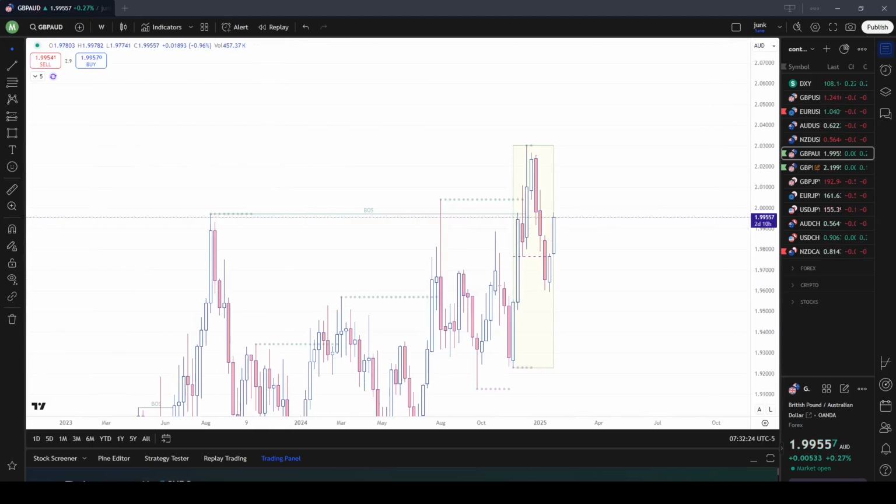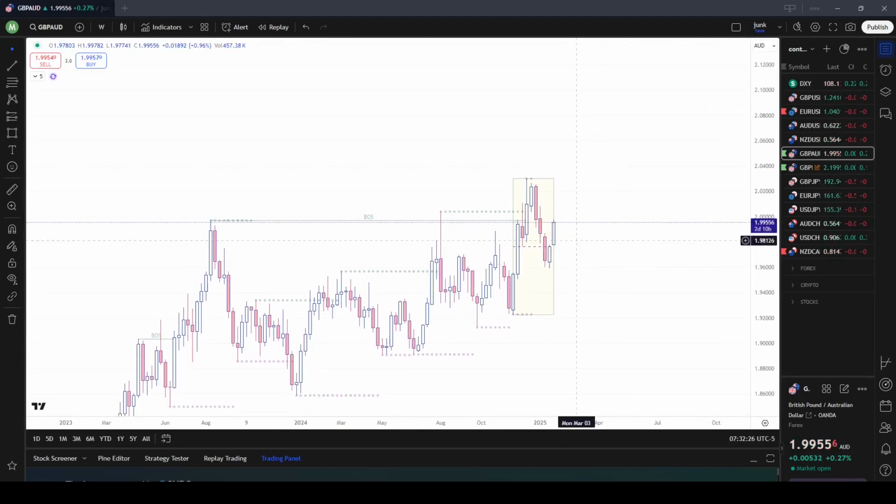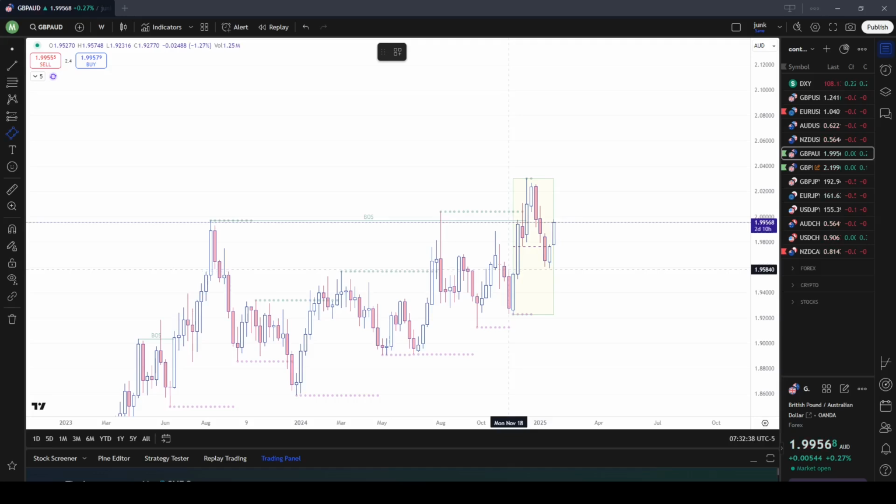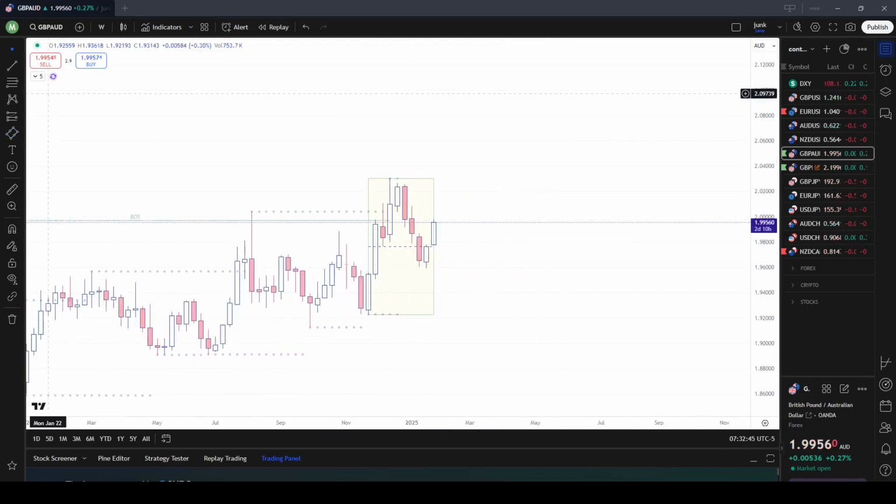So then I noticed that on the weekly, this is for GBP AUD and GBP NZD, price had come back not only into discount from the daily perspective, but also it tapped into the weekly area of demand. This is the buy before the sell, and that's why you see a bullish push.